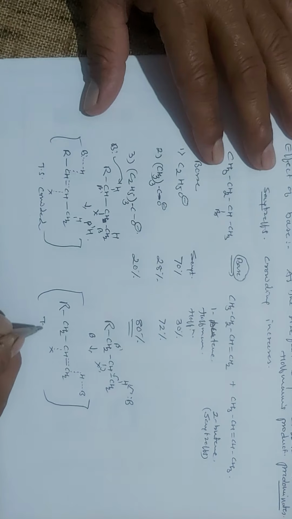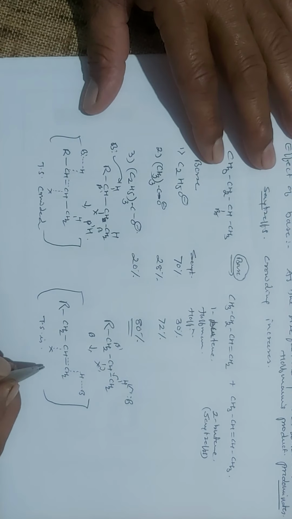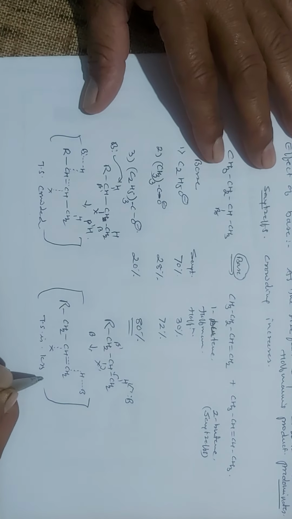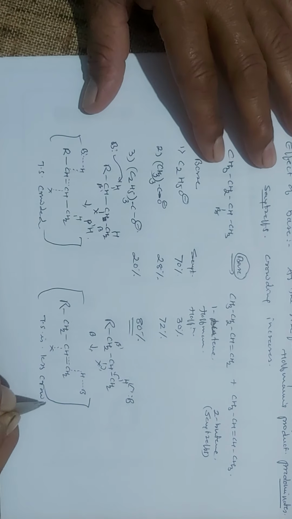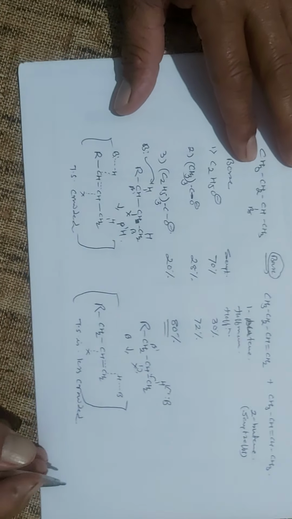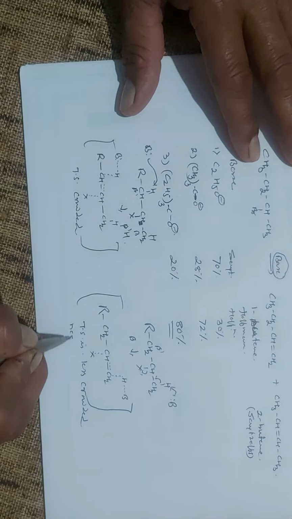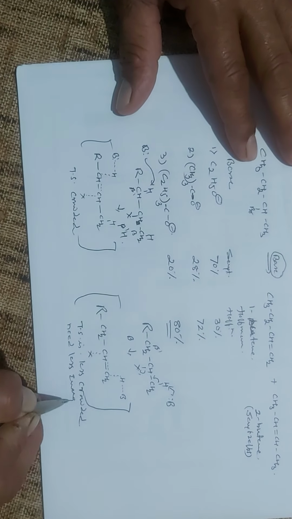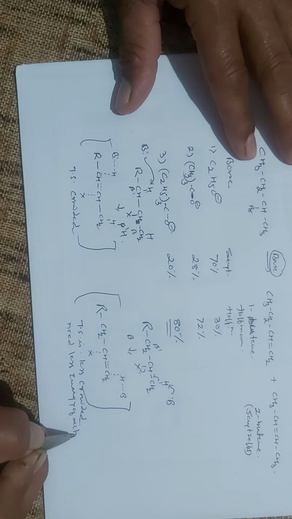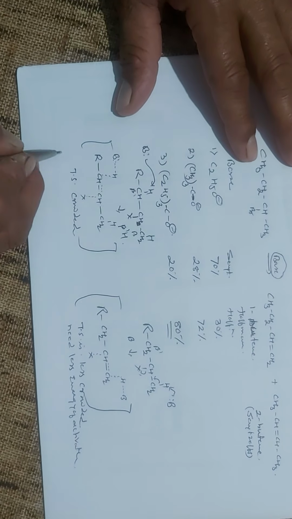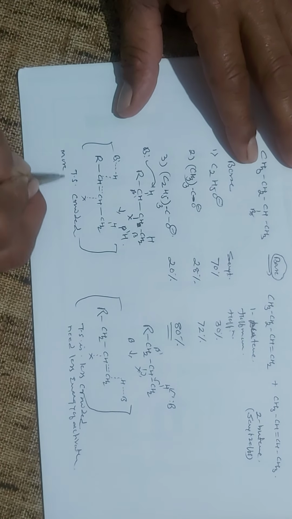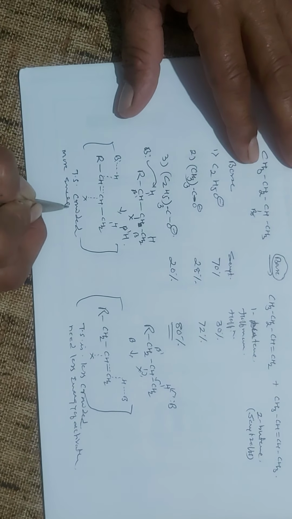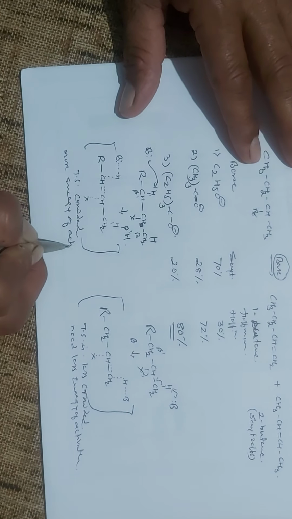And here the transition state is less crowded, and as this is less crowded, it needs less energy of activation, and here it needs more energy of activation.